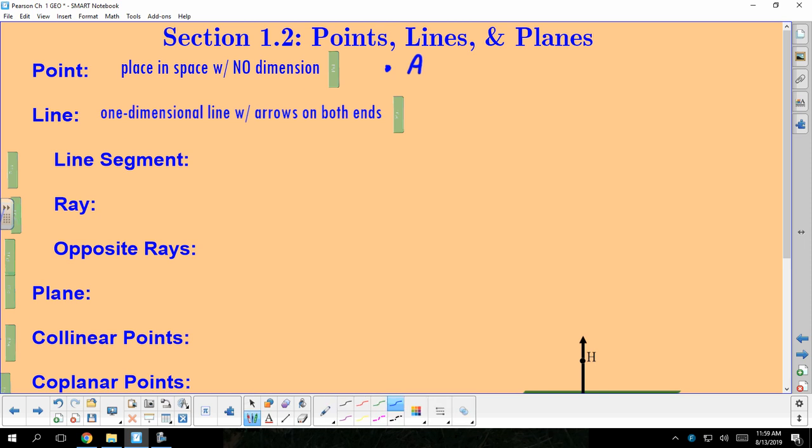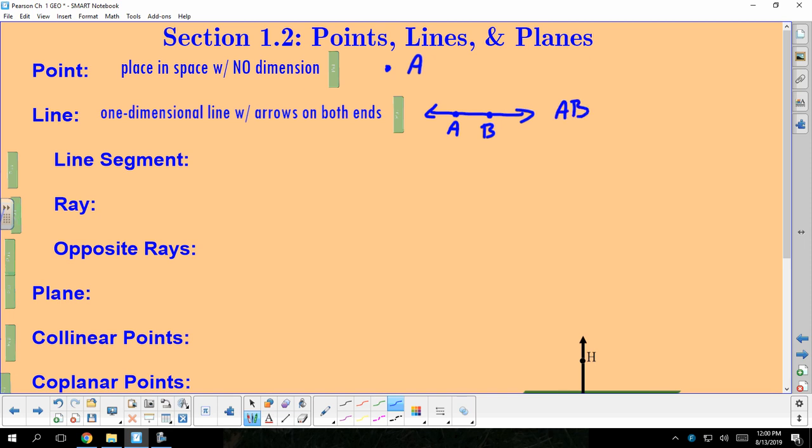We'll look at a few different conventions for naming lines so we can all be familiar in talking with the same language. So if I have a line, notice the arrows on both ends going on and on in each direction. Oftentimes we need 2 points to define a line. So we could name this line AB.